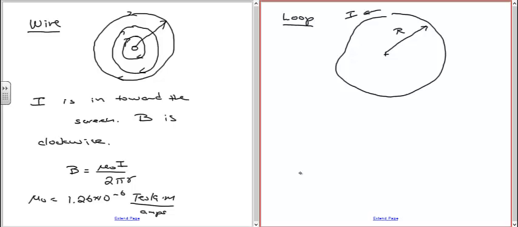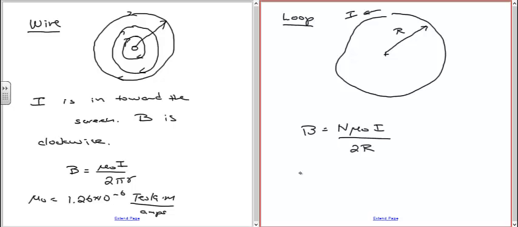And the equation there, for a loop, says the magnetic field strength at the center of the loop is going to be equal to n number of loops times mu0 times the current divided by 2r. So we don't have the pi, we get n. And depending upon the direction of the current, it's either going to loop around this way or loop around that way.